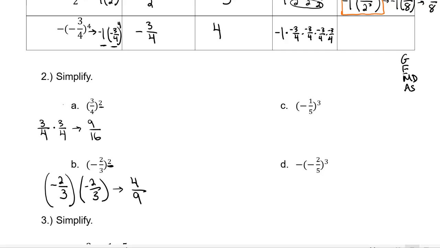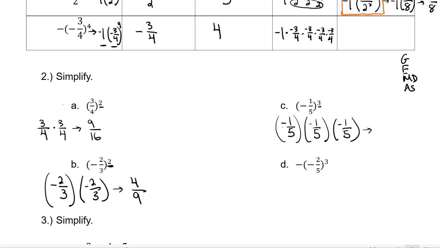All right, so the base for C is -1/5. Now I have 3 of those that I'm multiplying together. So I have, there are my parentheses again, -1/5 times -1/5 times -1/5. Well, in this one, I'm going to still go ahead and identify the sign of my answer.